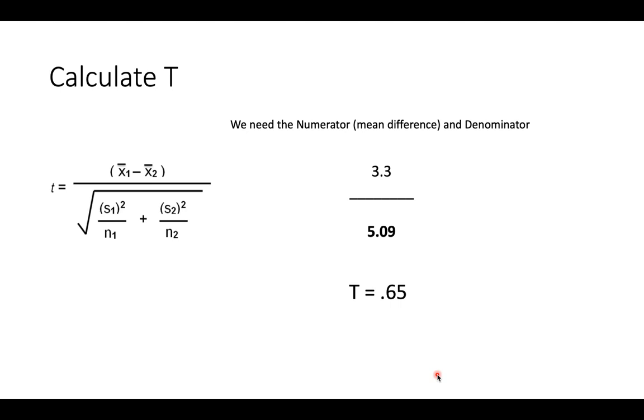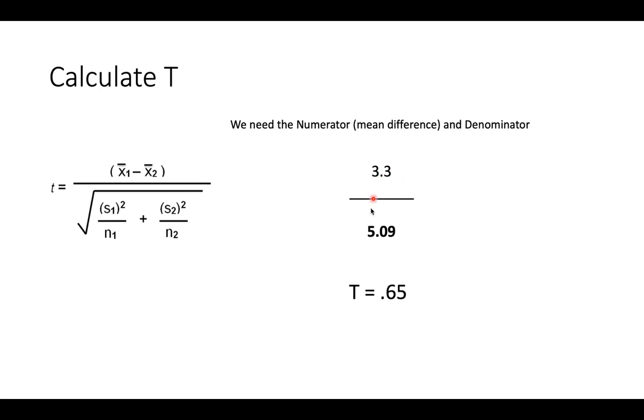That's what our t-test is going to tell us, because we take that numerator and we find the ratio of our observed difference divided by the expected difference, or the amount of, you can think about this as error, the amount of error that we would expect in normal population sampling. And so we produce a very small t-value, 0.65, because we found a difference of 3.3.